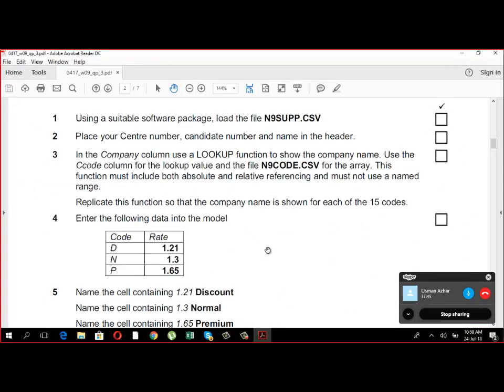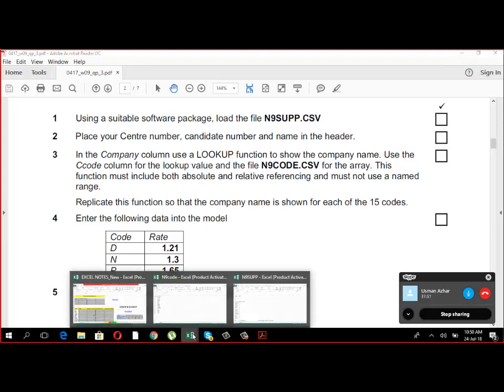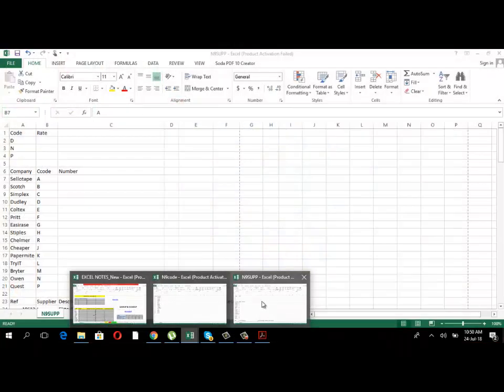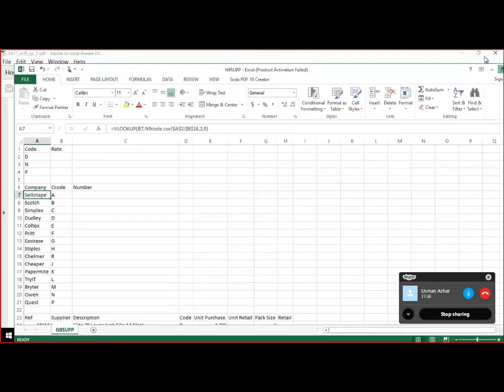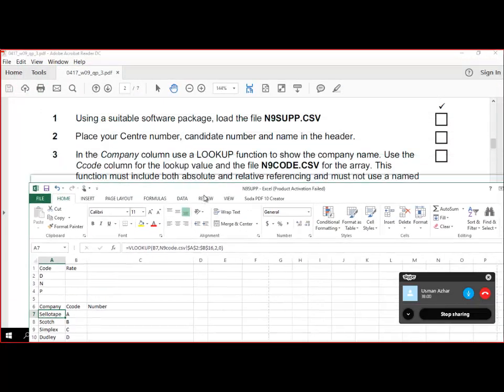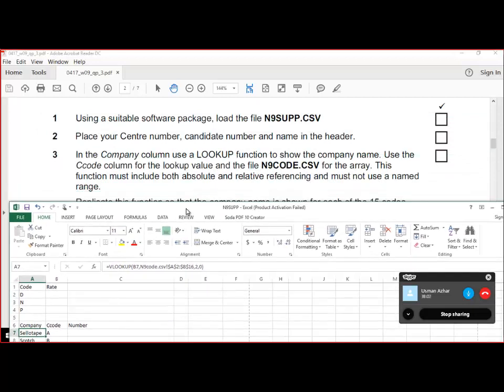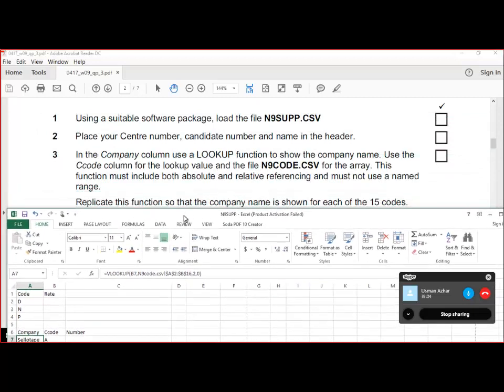Now, read it again. Usman, read point number 3 again and make sure you got it or not. Okay. Here you go. The formula is there. And the question is there.